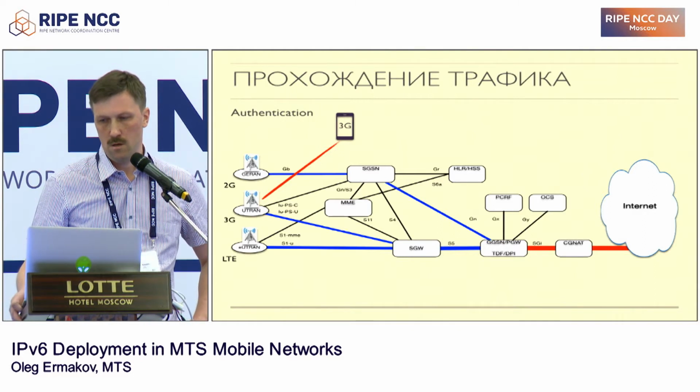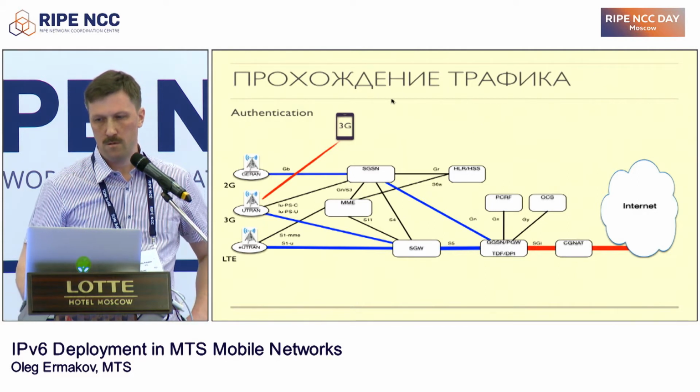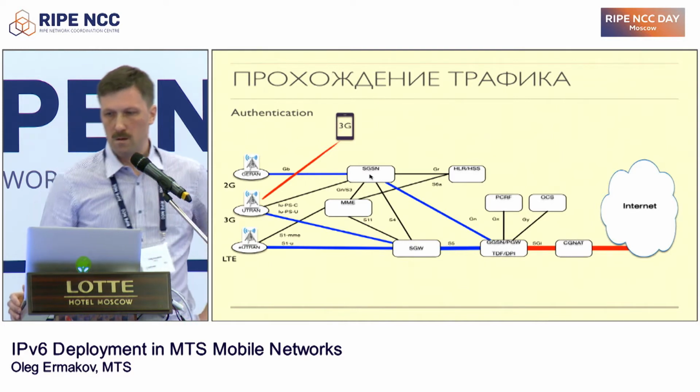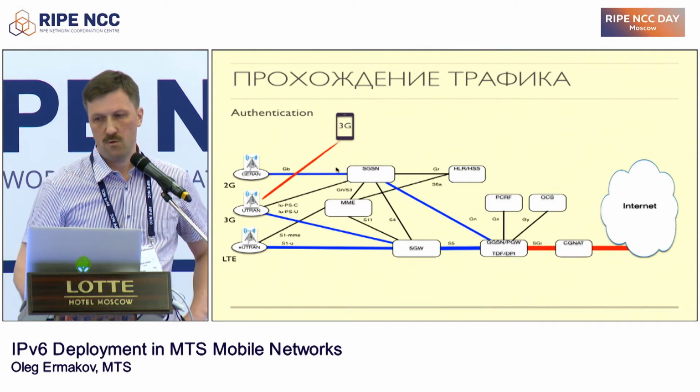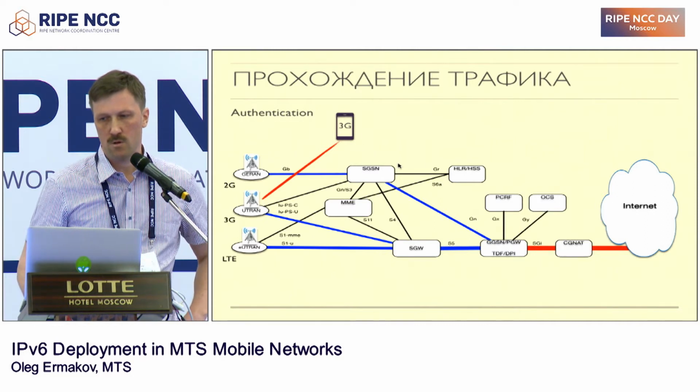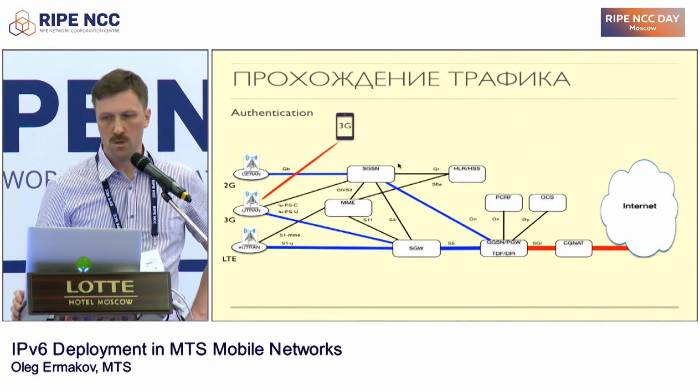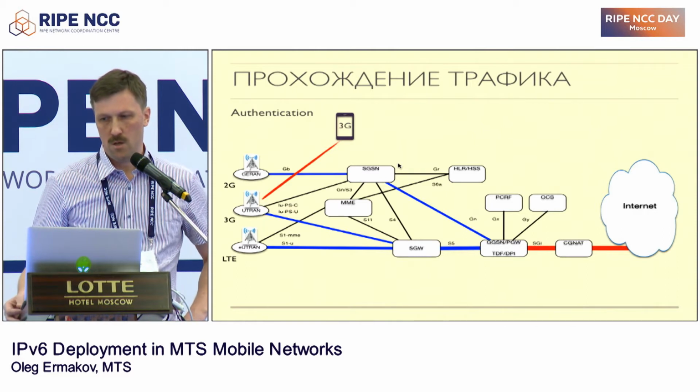We must understand what this SIM card is about. The base station sends a request to SGSN. SGSN talks to HLR HSS to receive some key information. All these elements do the computing of this information.